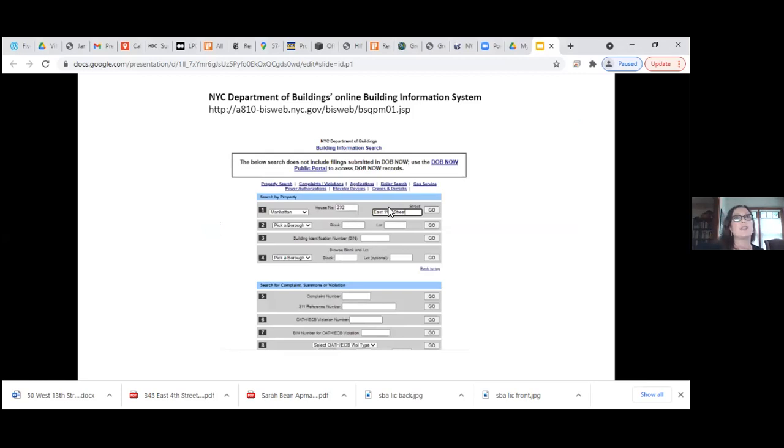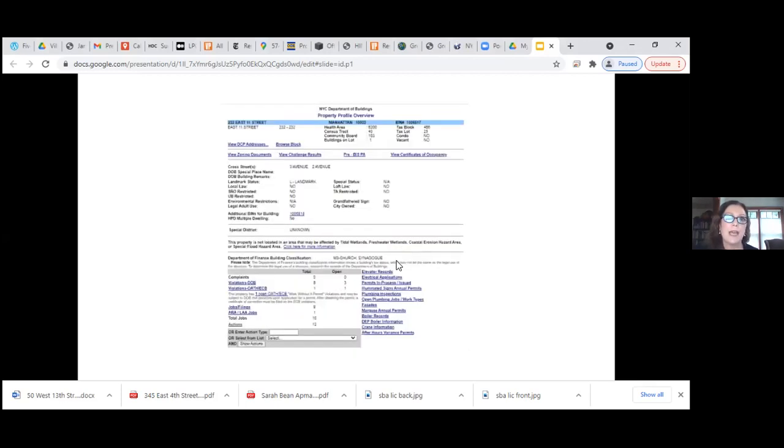Another great resource is the New York City Department of Buildings online Building Information System. Again, I did a search for 232 East 11th Street. And all the information comes up here. And really it's everything that they have on the building. Obviously right here, it's identified as a landmark. It also has permits issued over here, job filings, violations.